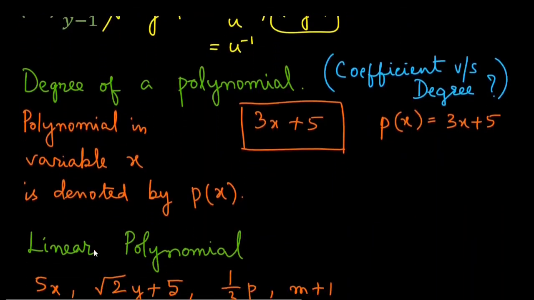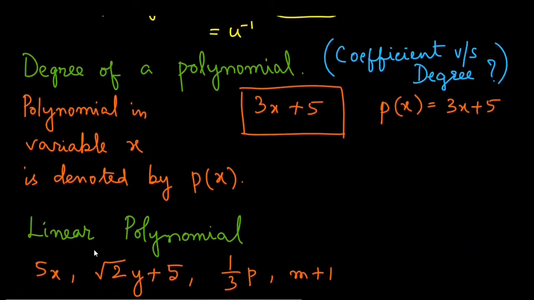Now let us see the degree of a polynomial. The degree of terms we can see first. Here let us take an example, 3x plus 5. The degree of the term 3x is 1. Here the exponent of variable x is 1, so the degree of this term is 1.